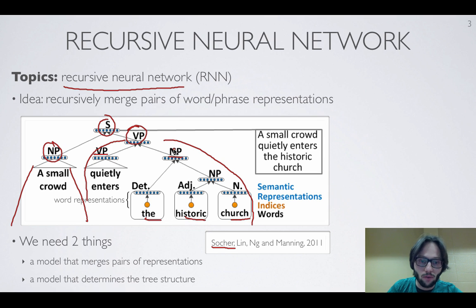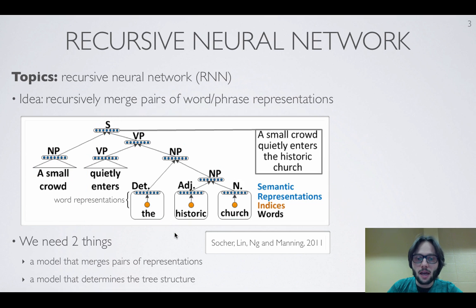And this noun phrase is actually a determinant followed by a smaller noun phrase, and this smaller noun phrase is an adjective followed by a noun, specifically historic following church. So that's the kind of information that is contained in these binary syntactic trees. And now to get a vector representation of the full sentence, the idea in recursive neural net is to recursively merge pairs of representations of smaller segments to get representations that cover bigger segments.